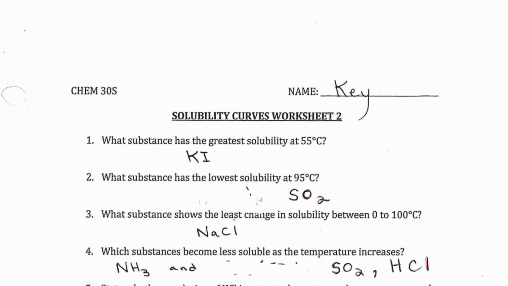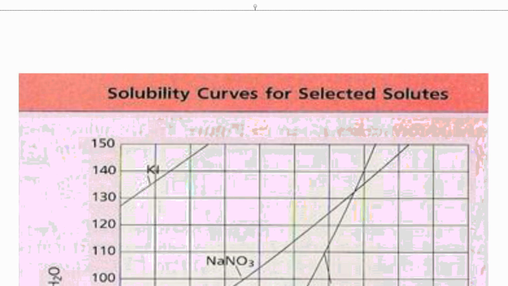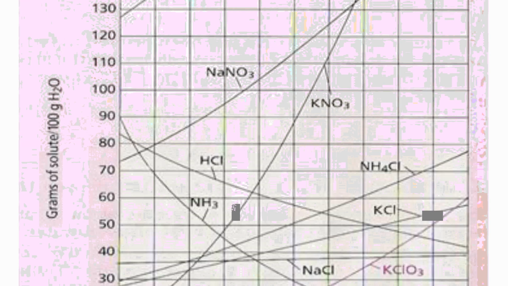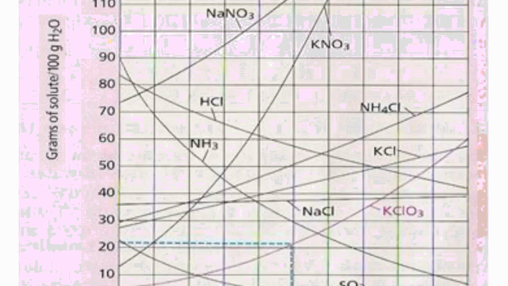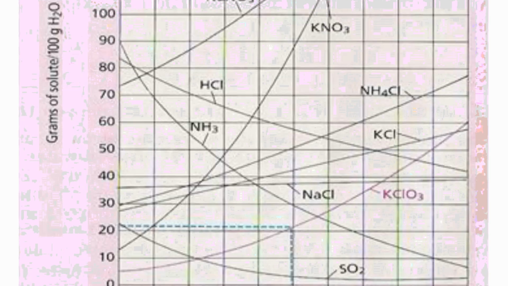Which substance shows the least change in solubility between 0 and 100 degrees Celsius? So when we're looking for the least change in solubility, we want to look for the curve that has the smallest slope, that doesn't show much change over time.